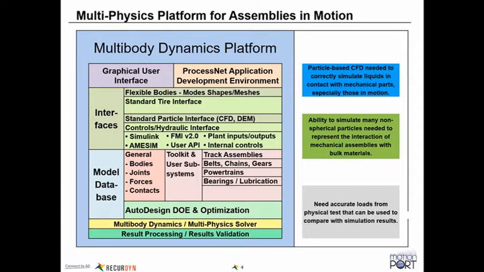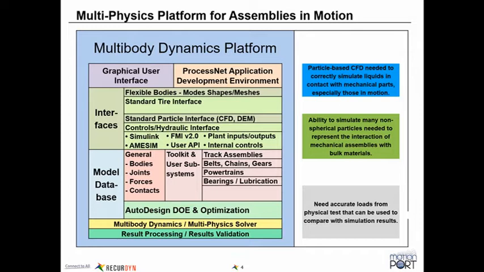We have ProcessNet for application development, custom application development, to allow for custom process automation, and to be able to build in your own proprietary process and data, to be able to access data that might be proprietary and so forth. And that's an add-on to the platform.